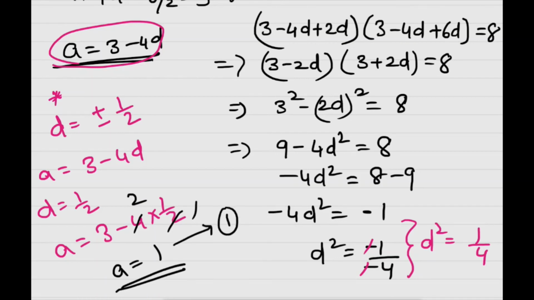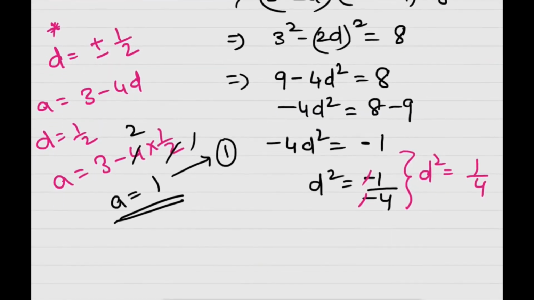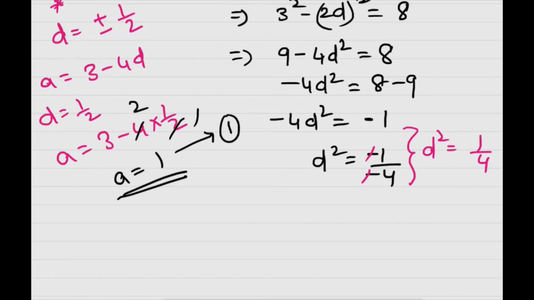Okay. Now in the second case, let us see if you take D is equal to minus 1 by 2. Here D was plus 1 by 2, here D is minus 1 by 2. So what you will get, you know that A is equal to 3 minus 4D.